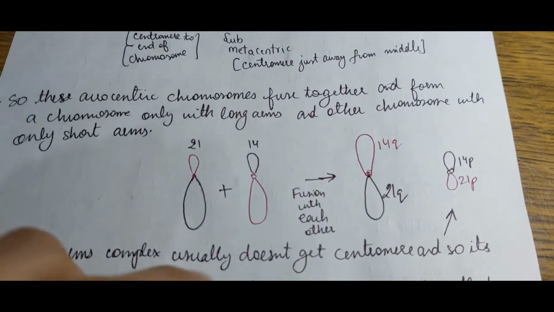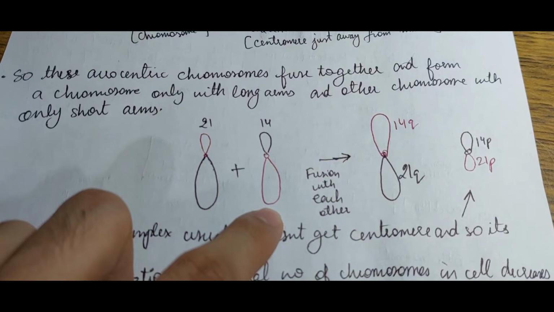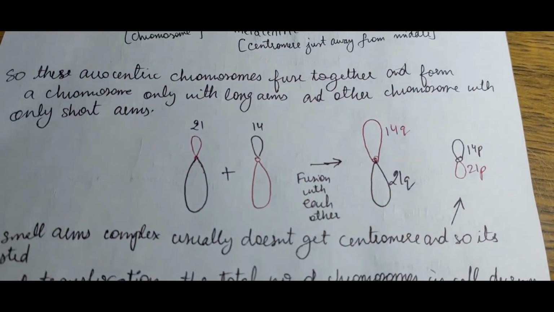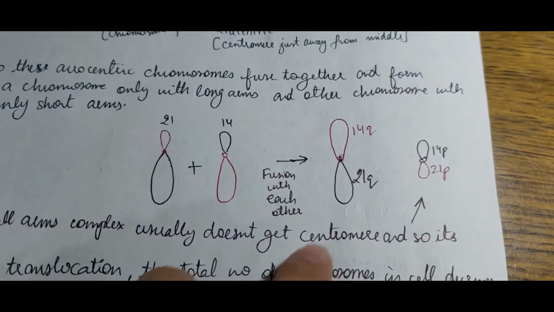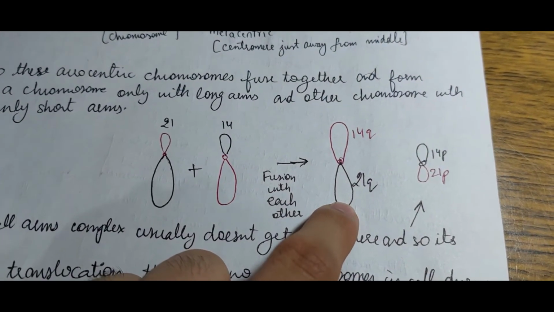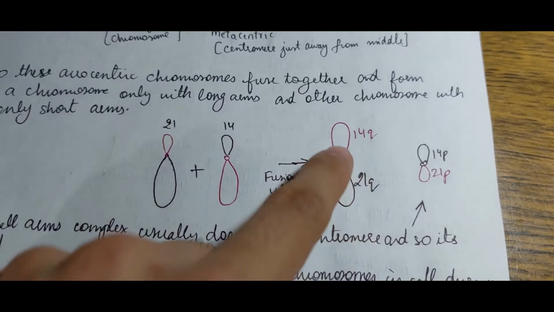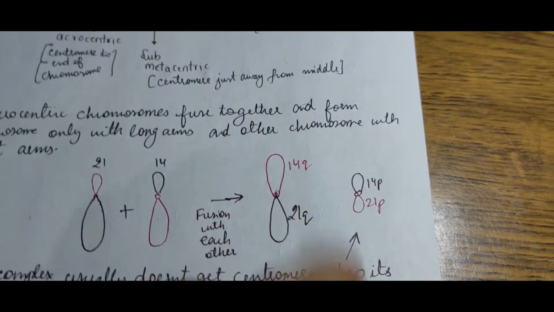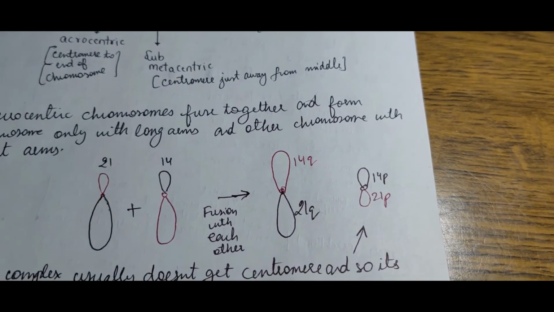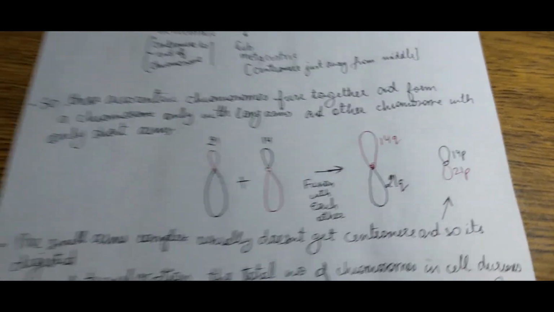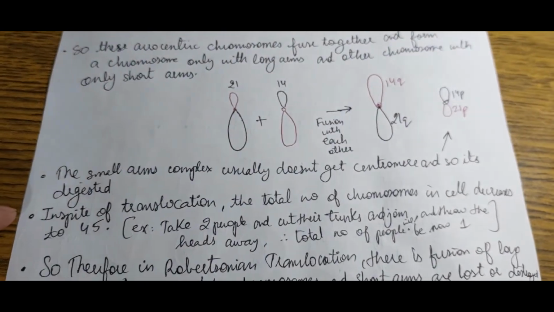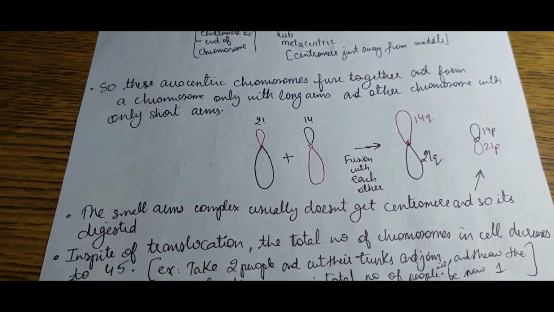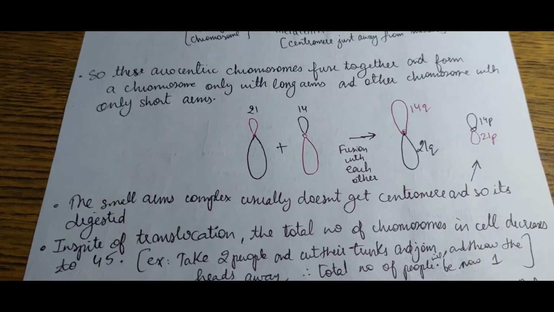So for example, here this is chromosome number 21 and this is chromosome number 14. It has a long and short arm, long and short arm. When these two chromosomes fuse together, they will form a chromosome which will have the 21st chromosome's long arm and the 14th chromosome's long arm, whereas they will form another chromosome which is going to have only the short arms of both the 14th and 21st chromosome respectively. The small arm complex usually doesn't get a centromere, and so it's destroyed and gets digested away.